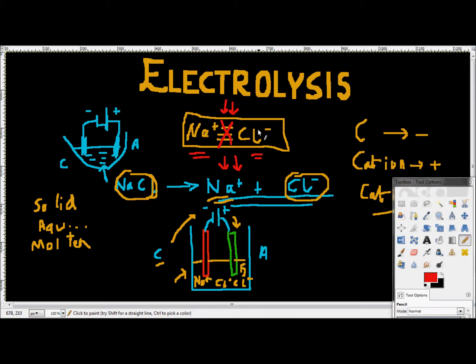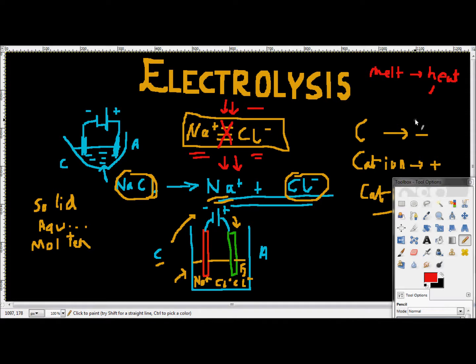Molten state, as the word suggests, it's melted, partially melted, sodium chloride. So in order to melt, of course, you need to provide energy in the form of heat. Sorry, that's melt, not held. This is heat here, heat energy. So in this case, you've got energy in the form of heat.